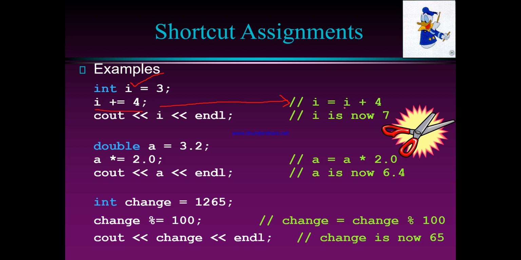I is initially 3, and here we have a constant value 4. So 3 plus 4 will be equal to 7.